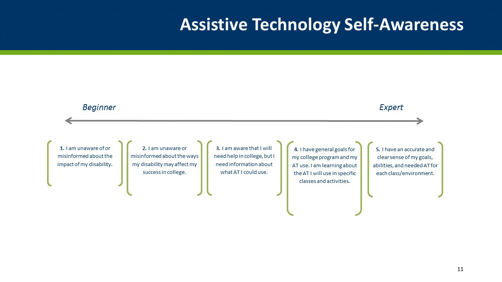So there's a lot of space between those two indicator areas, but the focus is, do I understand my own disability and my need for assistive technology and how it helps me?